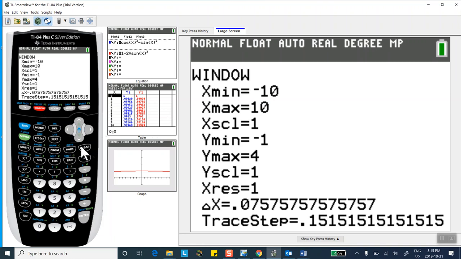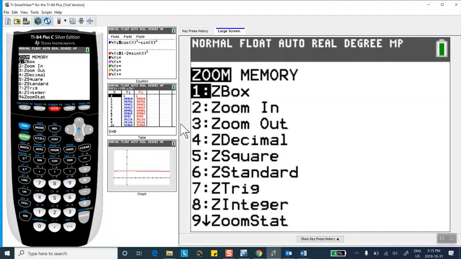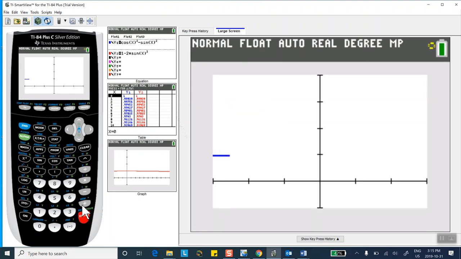So, clear, negative 3 to 3. I'll leave y the same, and then graph it. Actually, I didn't change the window. I didn't read that carefully. So let's try it again.